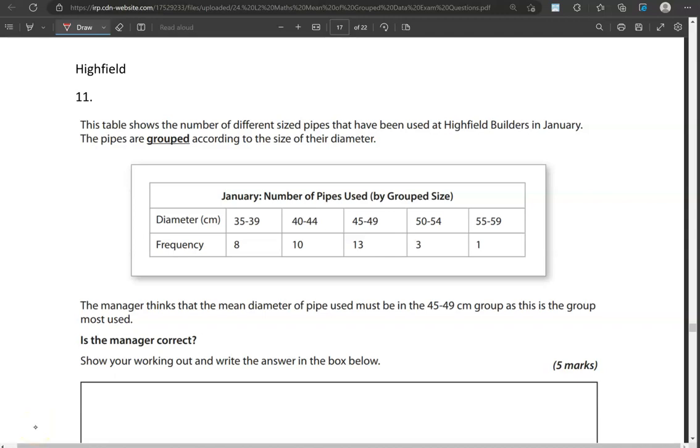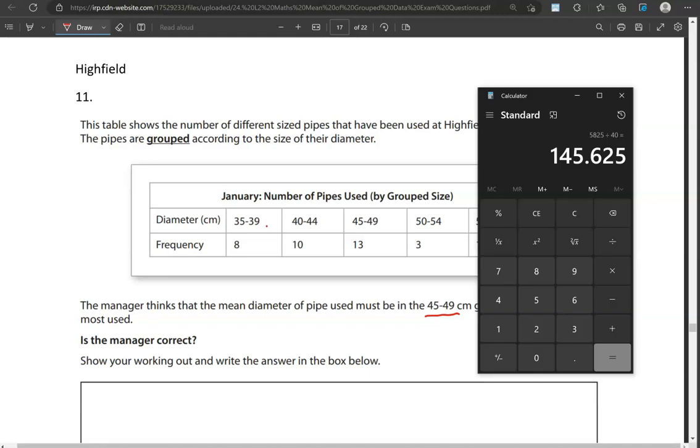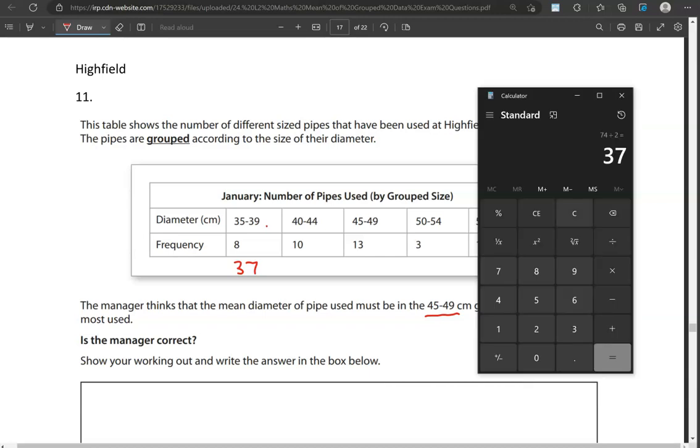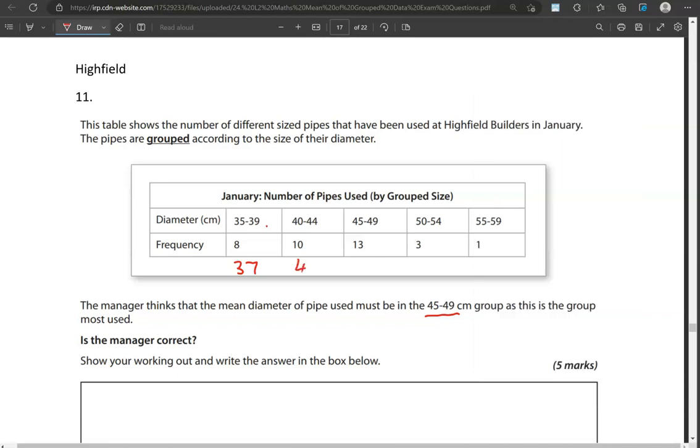So we'll estimate the mean diameter and then see whether it sits within this group. So we've got 35 to 39. What is the midpoint? We can do 35 add 39 divided by 2, which is 37. The midpoint between 40 and 44, so 40 add 44 divided by 2 gives us 42.